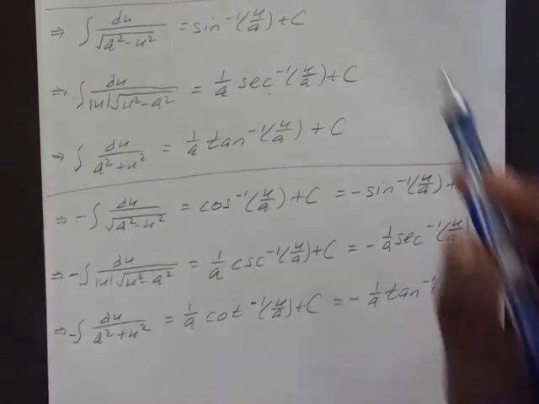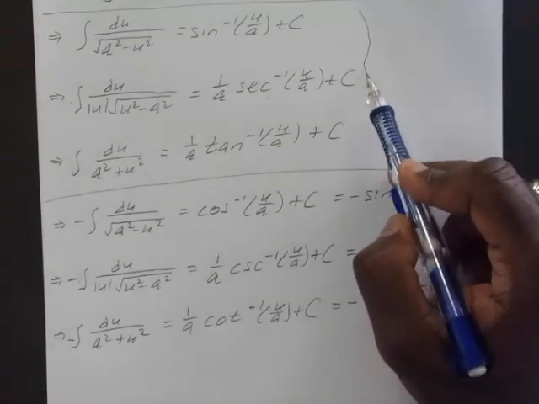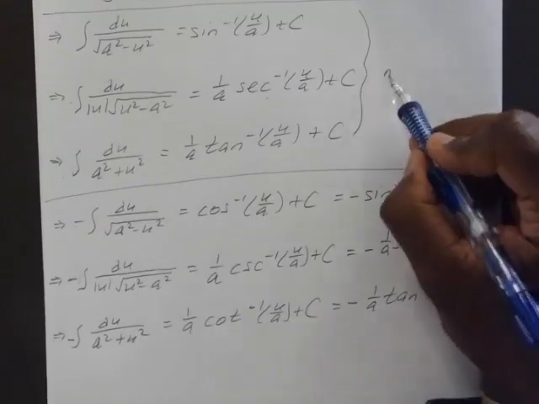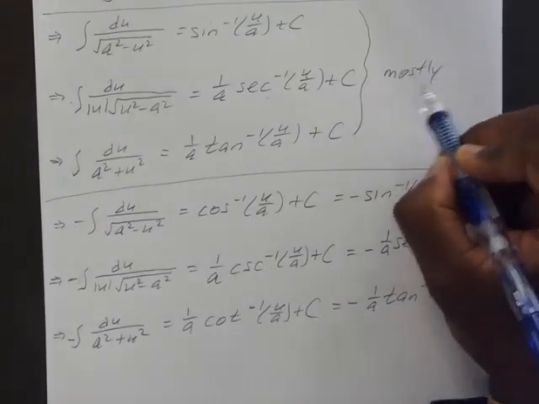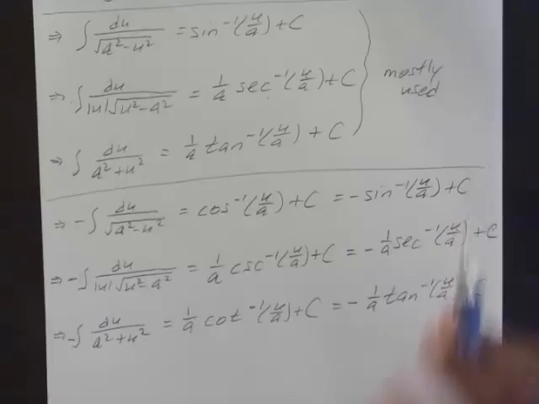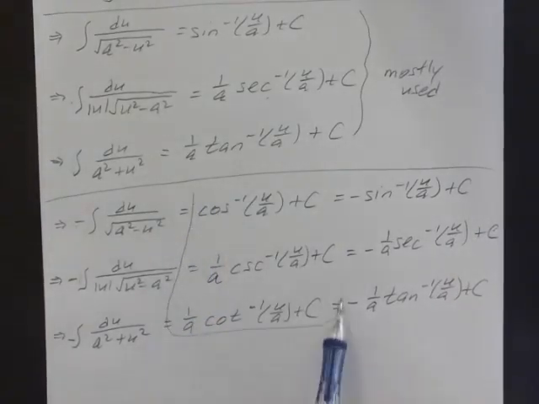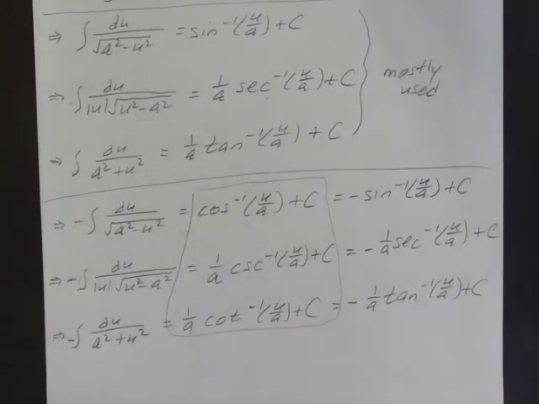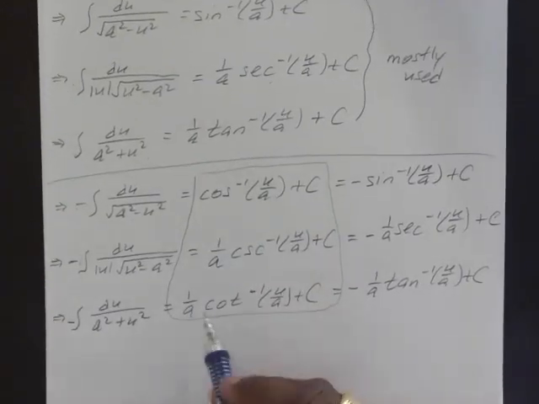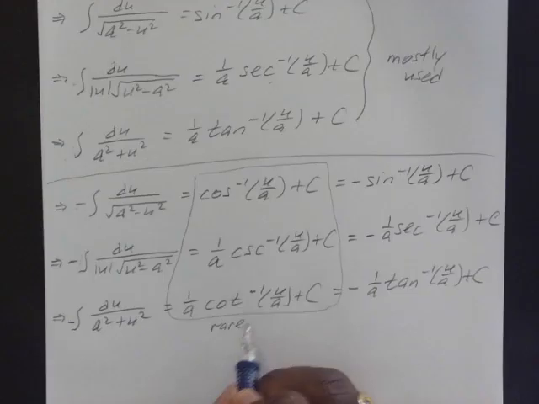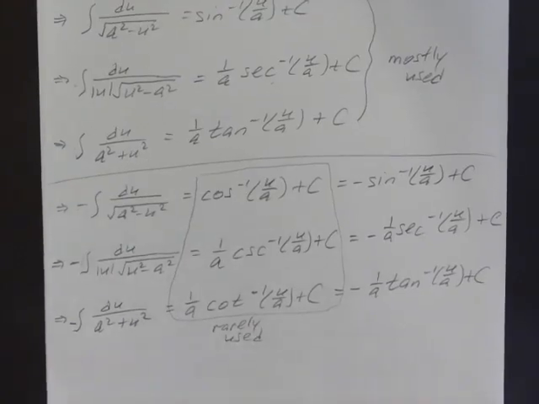Okay, so these three up here, these are the ones you use the most. But these three right here, those aren't used as often. Not saying they're never used, most people just don't use them.